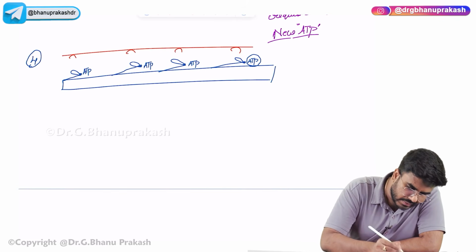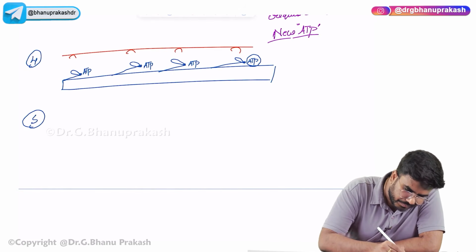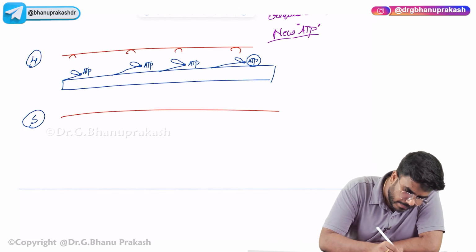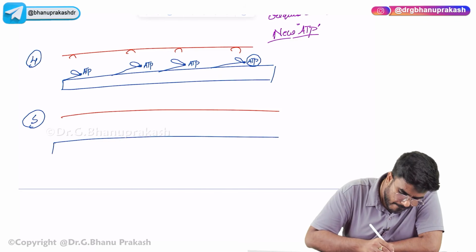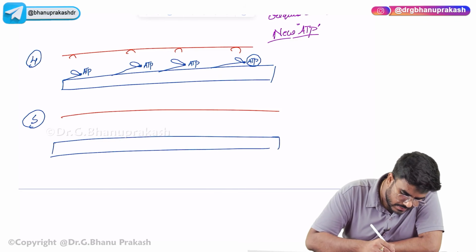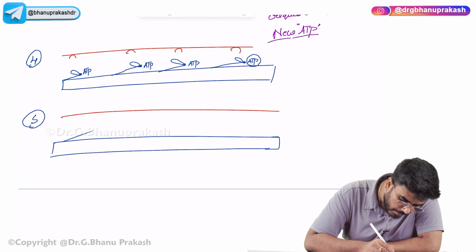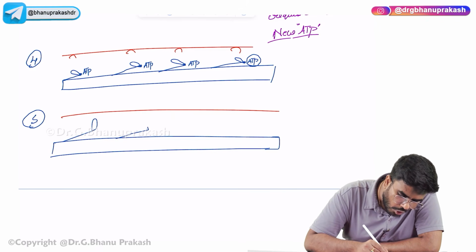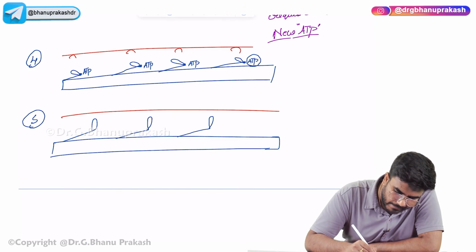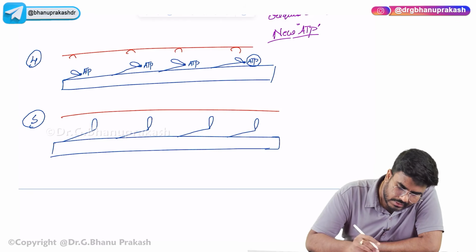Now look at the next event. Here are the myosin filaments, here are the heads. What exactly is happening? Because of the breakdown of this ATP, the myosin head goes from the 45 degree angle back to the cocked position, 90 degrees.